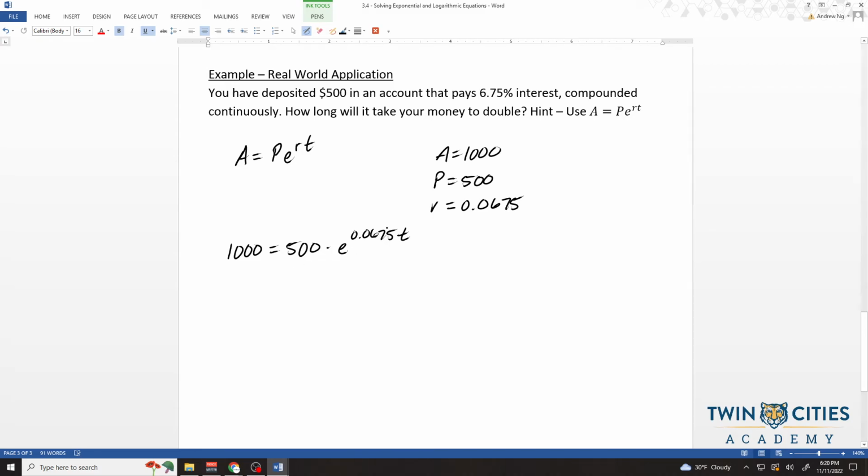Let's try to get this e to the 0.0675t by itself, dividing both sides by 500. All right, let's write it this way so it looks a little bit nicer. e to the 0.0675t is equal to 1000 divided by 500, that's going to be 2.